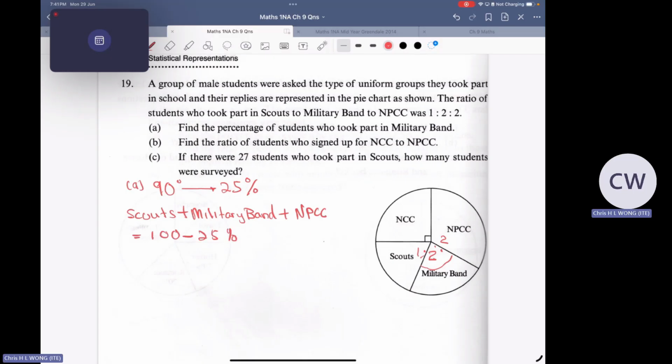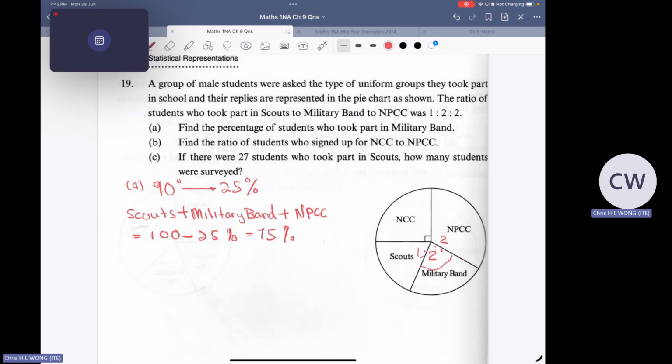Do you agree? 100 minus 25 gives a total of 75% for three of them. Oh, so this one is 75%. Very easy already.